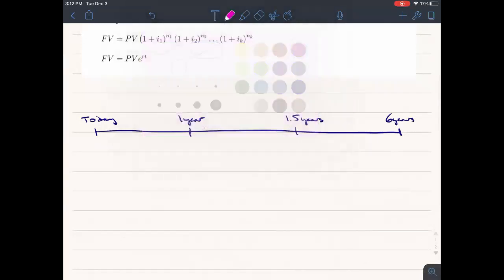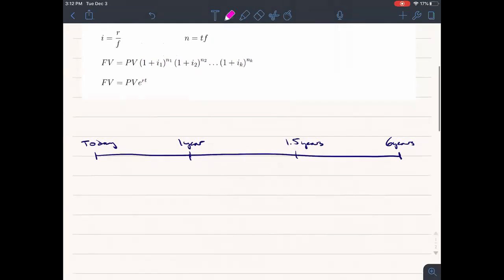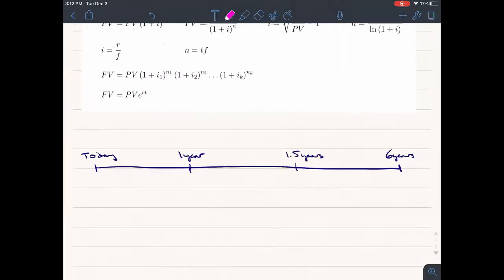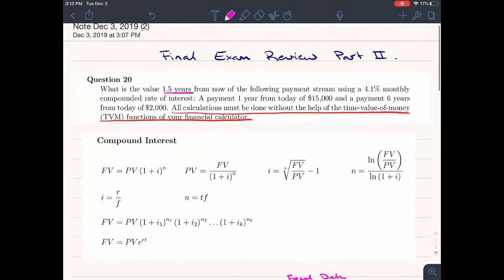Because we want to know what the value of this payment stream is at 1.5 years, that's what makes this the focal date. And maybe I'll write that on here too, up top.